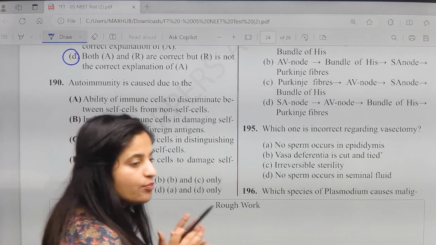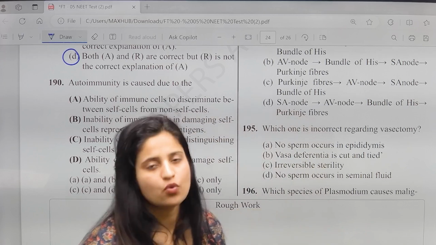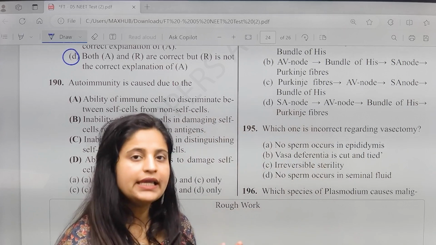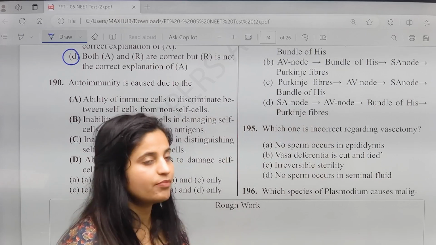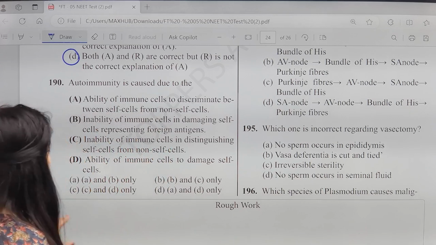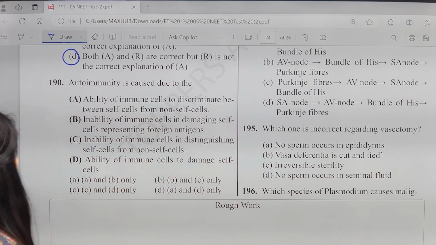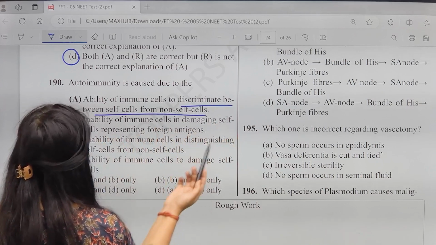When your own body makes antibodies against self cells only. Normally your body forms antibodies against foreign cells, but in the autoimmunity case, your body forms antibodies against its own cells only.